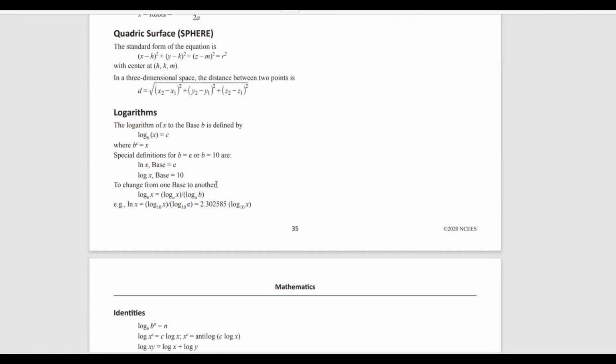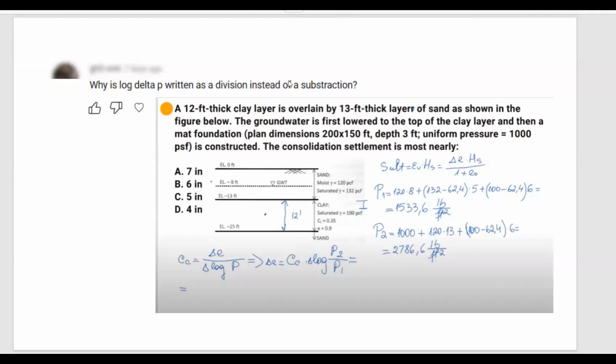So they were asking about why is logarithm delta p written as a division instead of a subtraction. So this person knows that delta logarithm p needs to be written as logarithm p2 minus logarithm p1. And it's asking why I wrote it as a division instead of a subtraction.